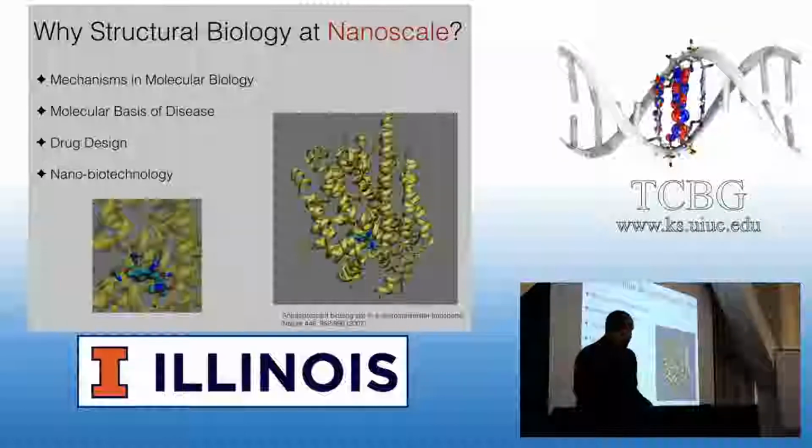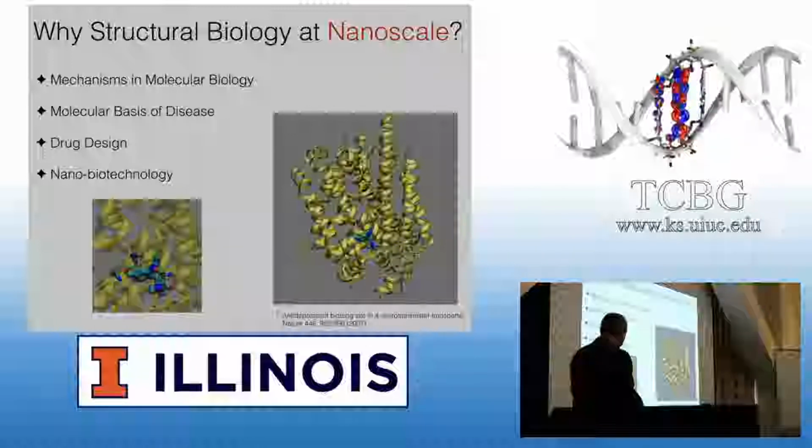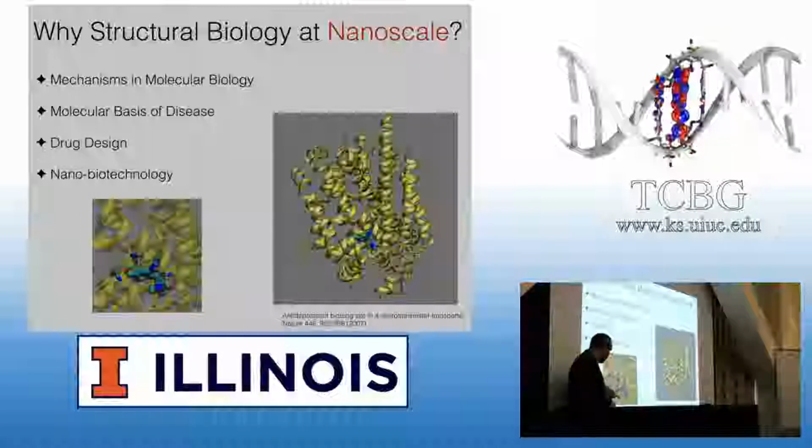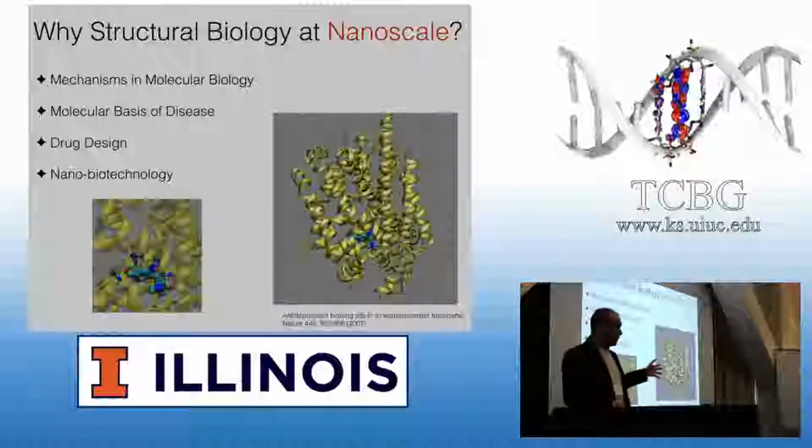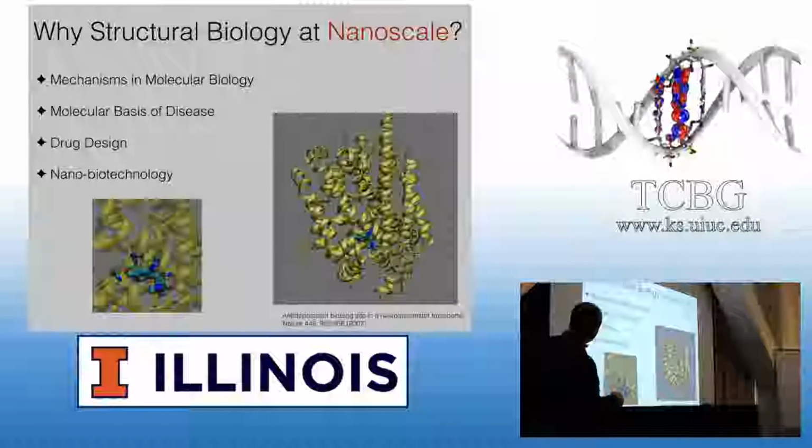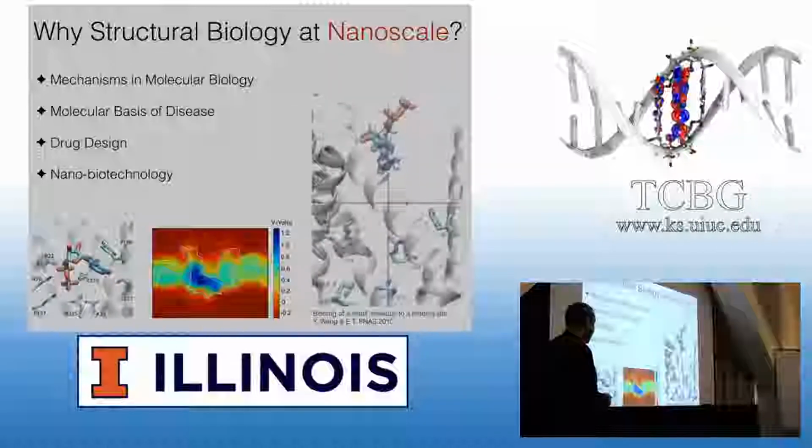So now we know exactly where it binds, what the amino acids interacting with this drug are, and what happens if a mutation happens here, how we might be able to improve the binding affinity of this drug by changing the chemistry here. So this is great. This is something we would like to understand, biology at nanoscale, that allows us to approach problems of drug design and diseases much more rationally.